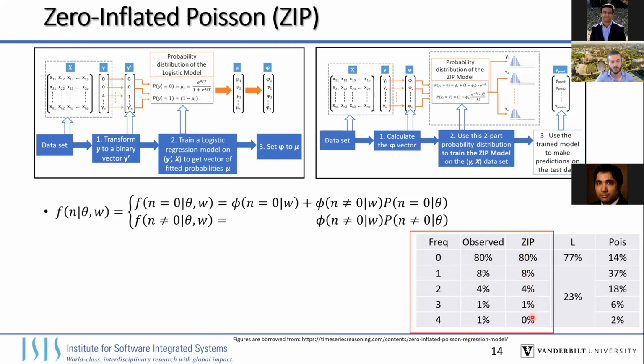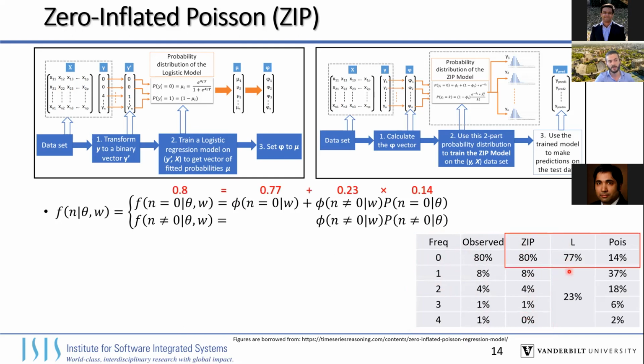And this is the prediction of a ZIP model. But let's see how the ZIP model gets to that value. First, it uses a logistic regression, and the logistic regression is telling us 77% of the time there is no accident, which is this part. This is a logistic regression for classification 0, for example. And 23% of the time, there is at least one incident.